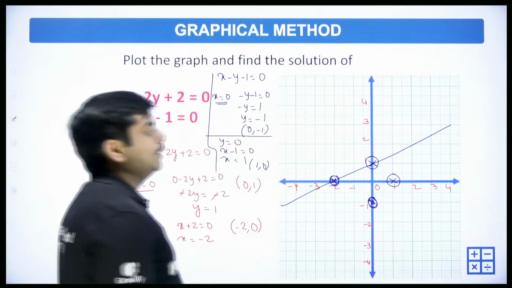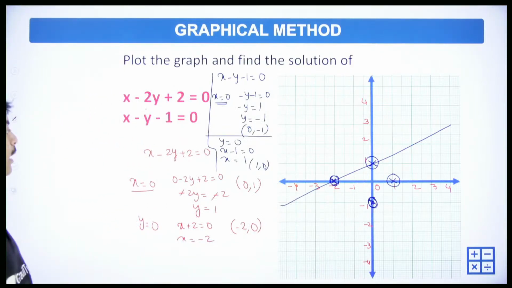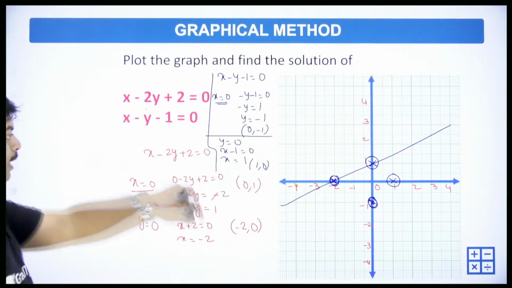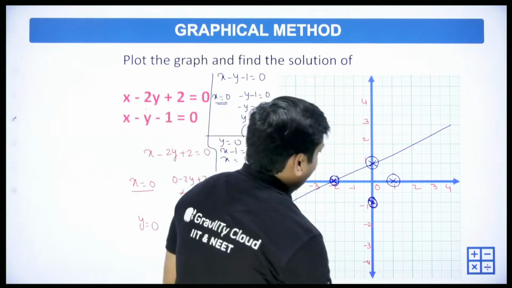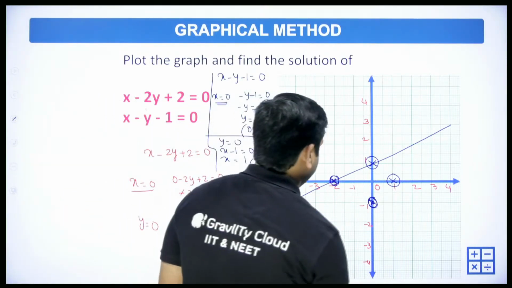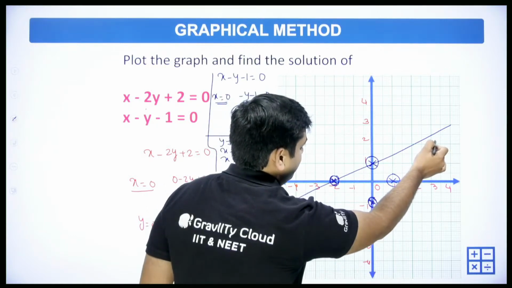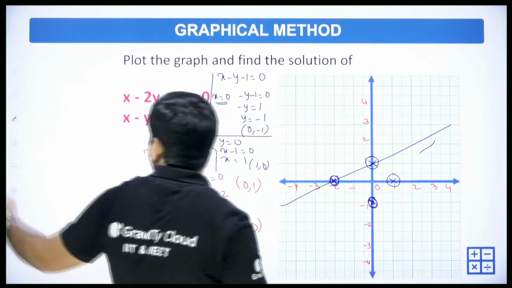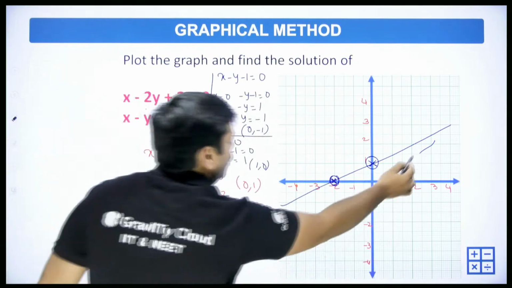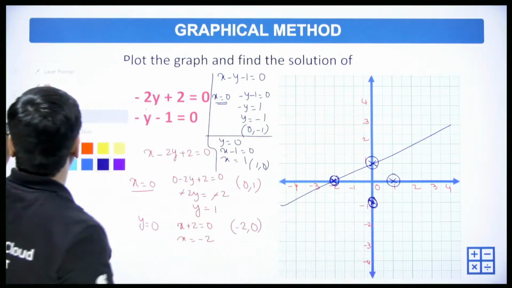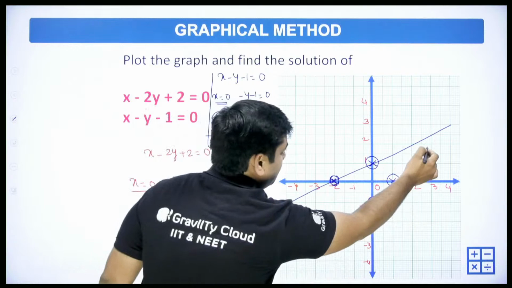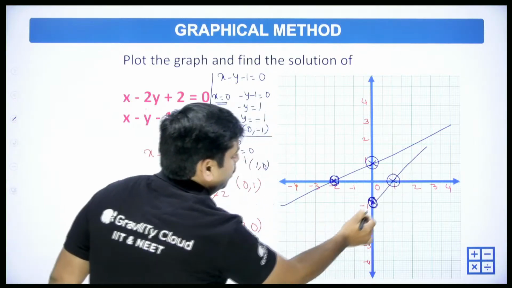Are these two lines intersecting at some point? Let us draw this line. Let me try how best I can do. Right, something like this.